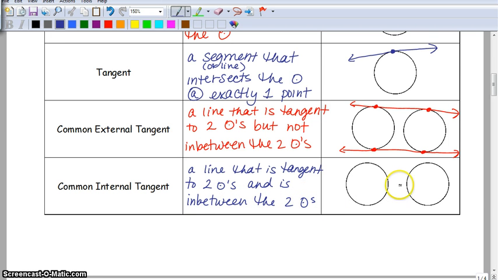So for example, this time when you're shooting that arrow, think of it as starting low and shooting upward in between them and still hitting them each just one time. So you're going to touch each circle just once. And so I drew one going from the bottom left up to the top right. I can draw a second one passing from the top left down to the bottom right. And again, it kind of looks like an X in the middle there if you want to visualize the two. Those are the two common internal tangents, okay?